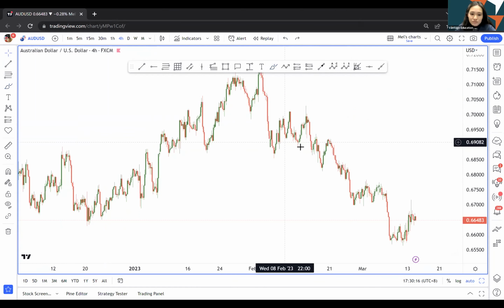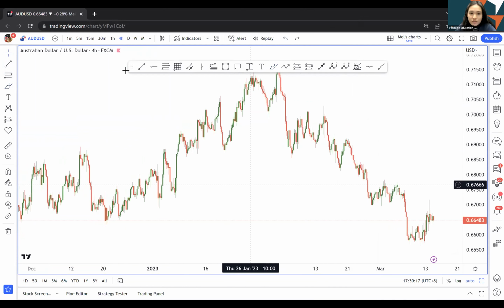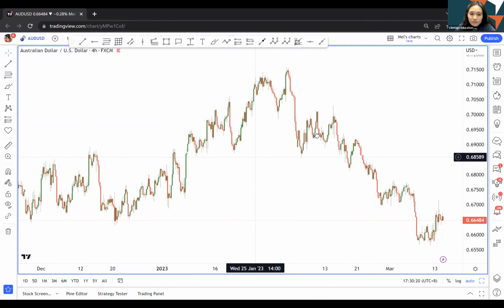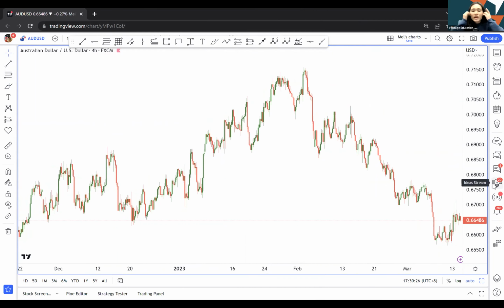Okay, so now let's go ahead and begin. We have a general downward trend on our chart over here. Now that we've identified the general trend of the chart, let's identify support and resistance levels.